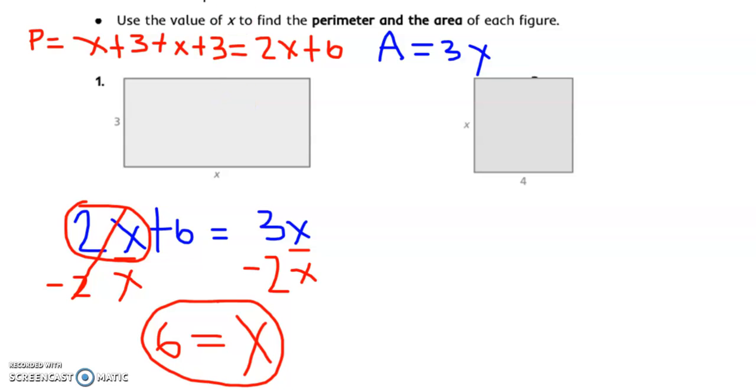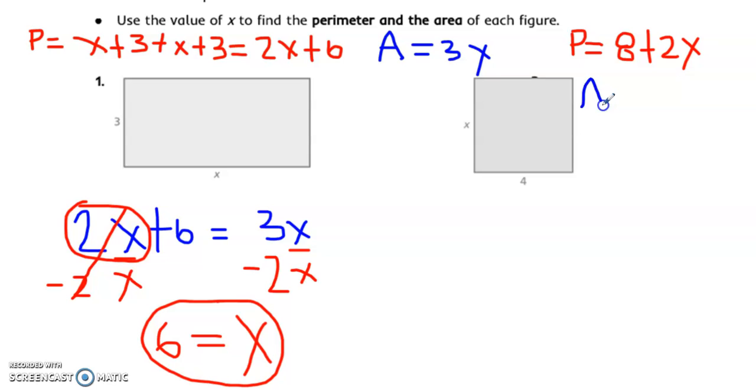Alright, let's do this other problem. So we've got x for the height and 4 for the base. So if we're doing perimeter, we need to add up all of our sides. So we've got 4 plus 4 is 8, and then x plus x is 2x.